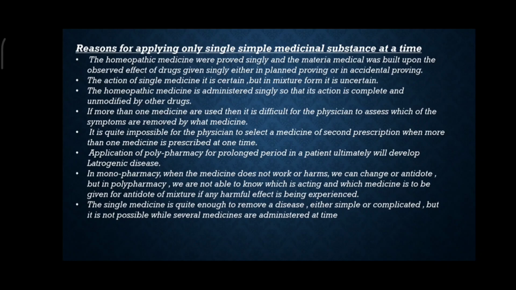A single medicine is quite enough to remove a disease, either simple or complicated, but it is not possible while several medicines are administered at a time because the mixtures of medicines have not been proved on healthy human beings, and as such the symptoms that they can produce in the system are quite unknown to us.